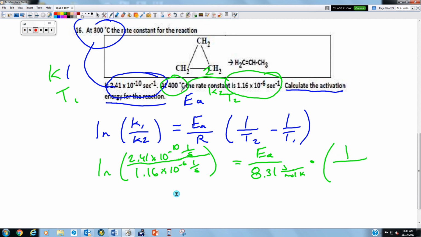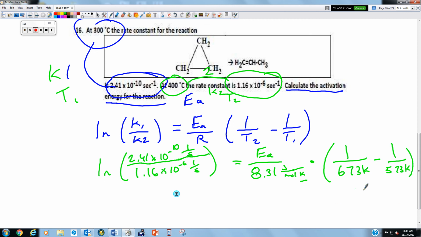Now, notice that our temperature is in Kelvin, so we need to convert. 400 plus 273 is 673, so it's 673 Kelvin, minus 1 over T1. 300 plus 273 is 573 Kelvin.